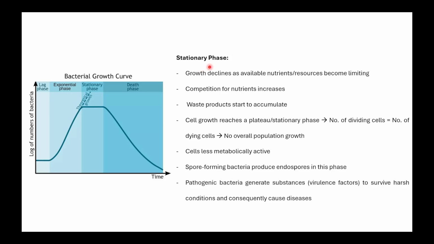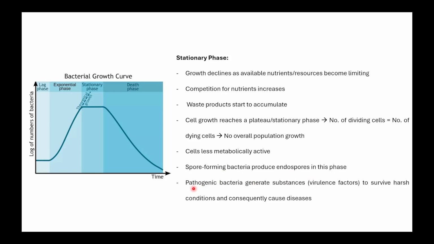During this stationary phase, spore forming bacteria usually produce endospores because nutrients or resources become limiting. This is an unfavorable condition for the bacteria, so those bacterial cells which can form spores produce endospores in this phase.